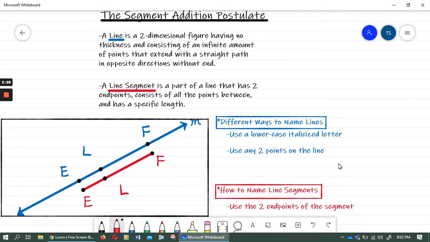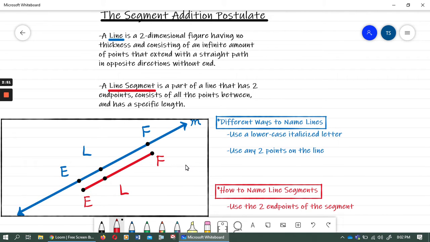I believe everyone enrolled in my class at our school should already know what a line and a line segment look like.